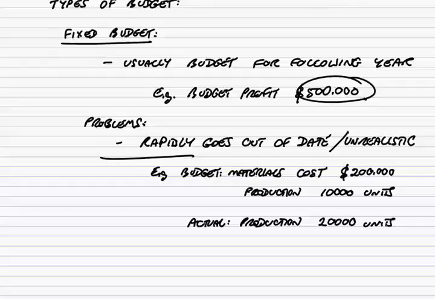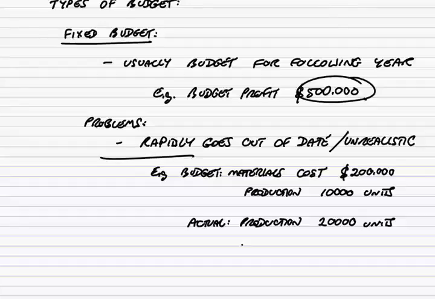Now, of course, if you end up producing twice as many as you originally intended, that could be very good if it's because demand was twice as great. But if you produce twice as many, you're immediately going to expect twice as much cost, surely.